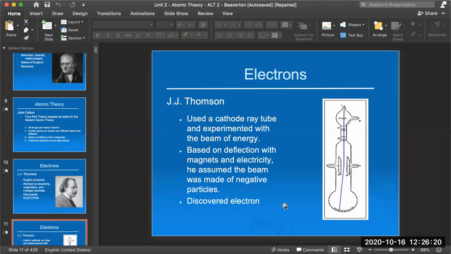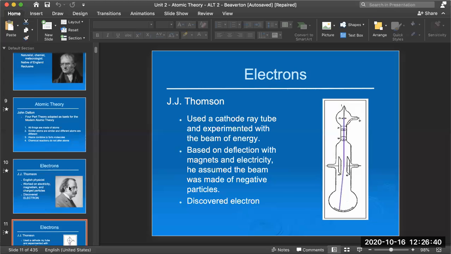And when he knew that when one plate was charged positive and this beam was attracted to it, he was guessing this beam was negative. And from that, he surmised that this beam was actually made up of something termed electrons.